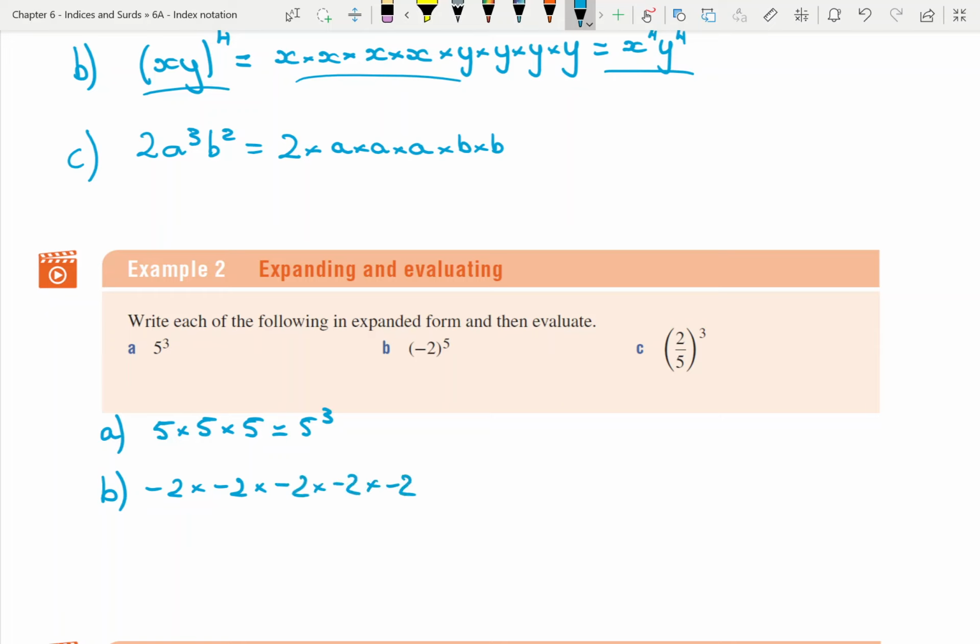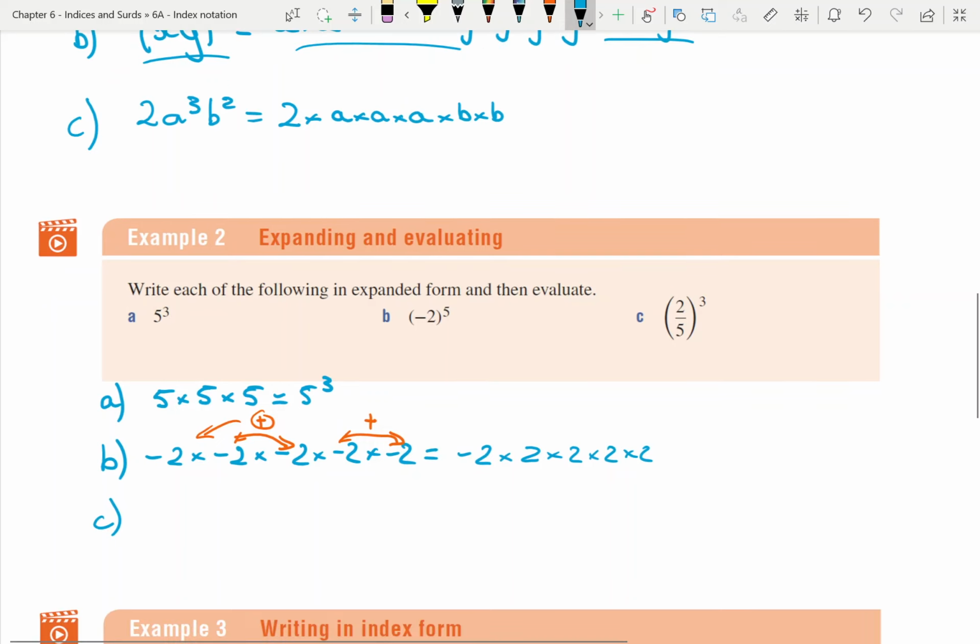Because we have 5 negative numbers here, each of these pairs, so negative 2 and negative 2, and negative 2 and negative 2, are going to make a positive product. So anything that's positive multiplied by another negative is going to give us a negative. So we can rewrite this as a negative 2 times the other 4 2's.